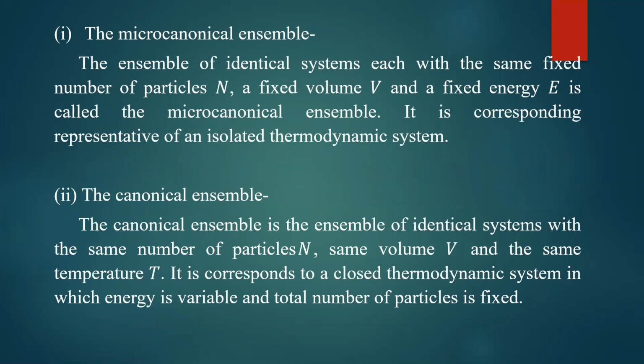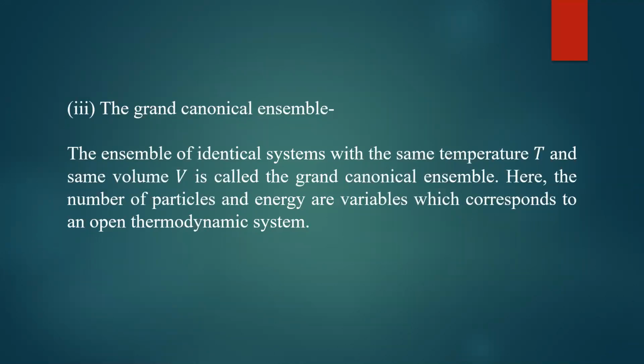Canonical ensemble is a closed system where energy can be exchanged. Grand canonical ensemble is an open system where both energy and matter can be exchanged with the surrounding. These are the important ensembles. Ensembles are the different types of systems in statistical mechanics.